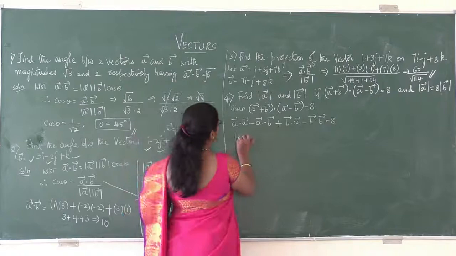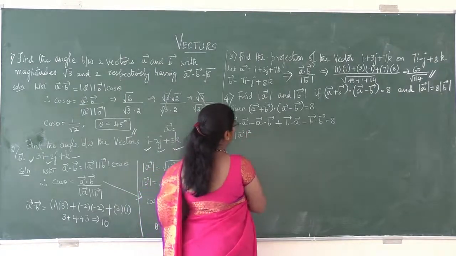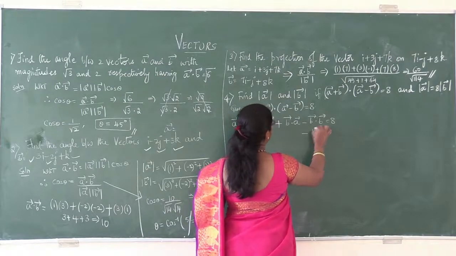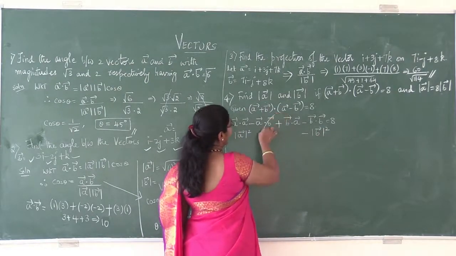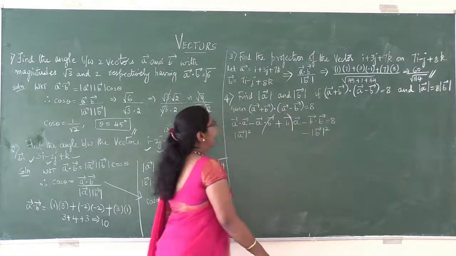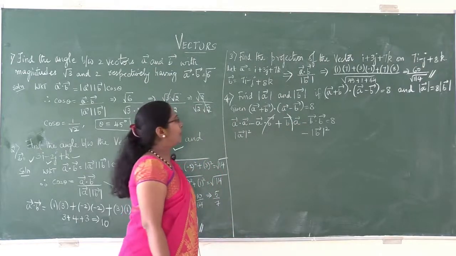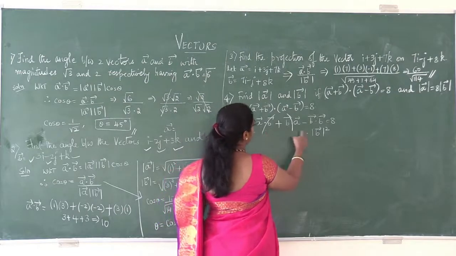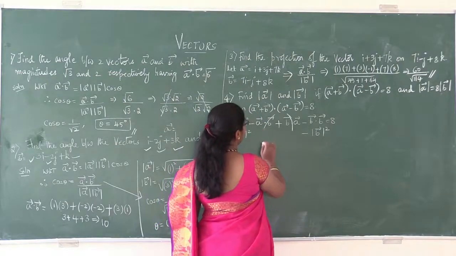So this can be written as the magnitude of vector A whole square. Similarly, B dot B is the magnitude of vector B whole square. Minus A dot B and plus B dot A get cancelled. Why? Because the dot product is commutative. So we have the magnitude of vector A square minus the magnitude of vector B square equal to 8.